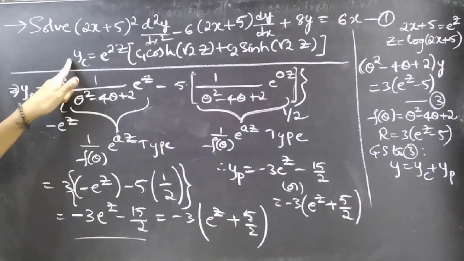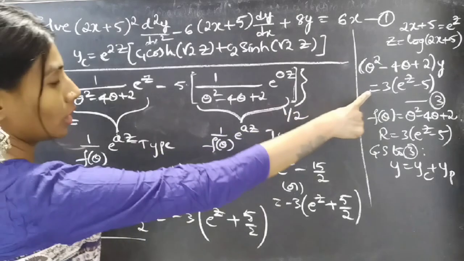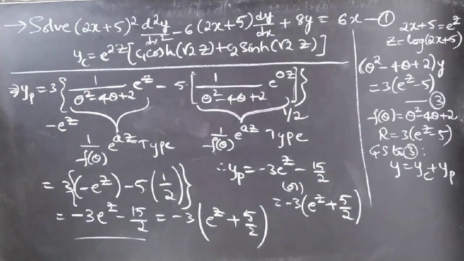Right? We got yc and yp. Let's now find the general solution to equation 3, which is given by y equal to yc plus yp.